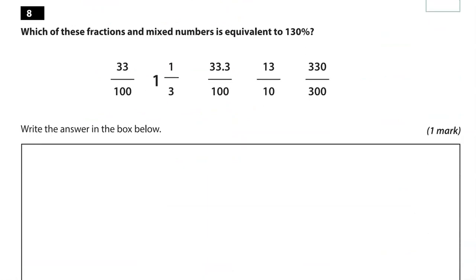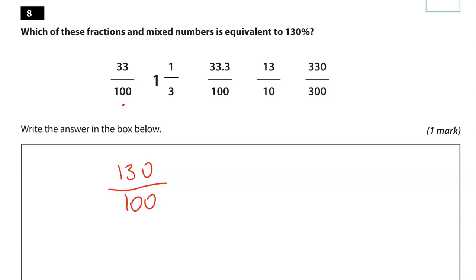Which of these fractions and mixed numbers is equivalent to 130%? So 130%, that is again percent out of 100. 130 out of 100. Looking at the first one, that is 33 out of 100.